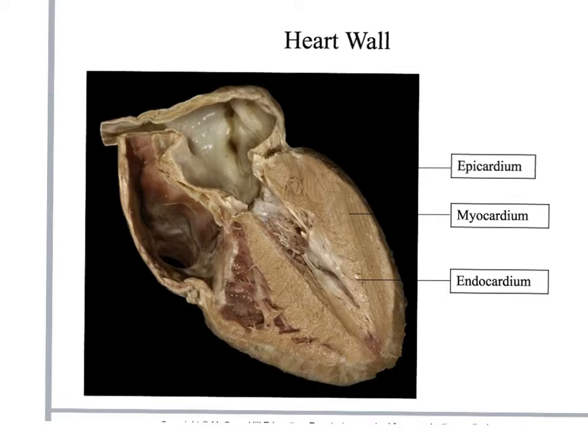The left side, so which would be this side. Is it the whole left side, or is it one particular chamber? The left ventricle. Okay? And then you have your right ventricle heart wall, which is this.